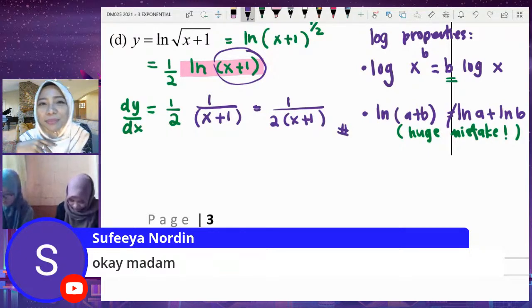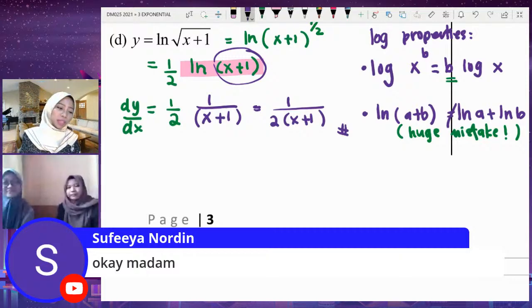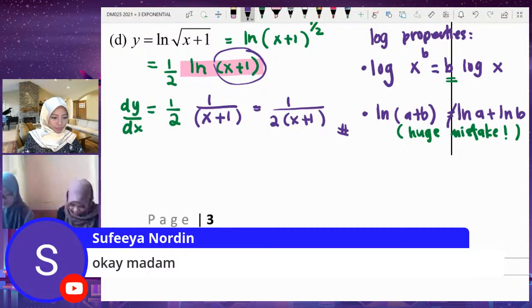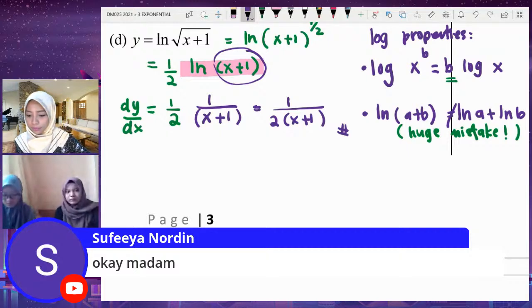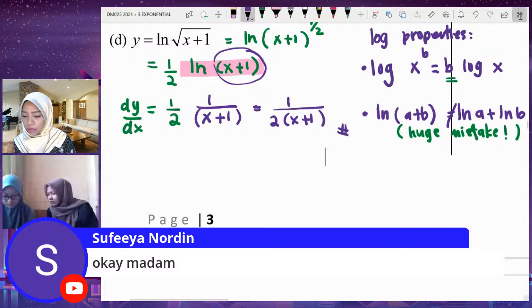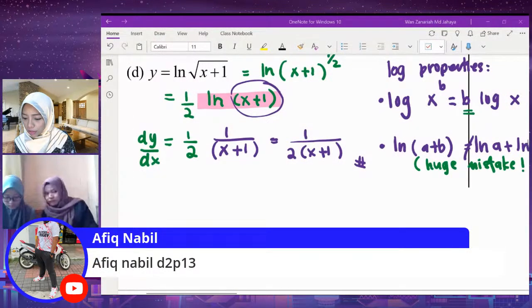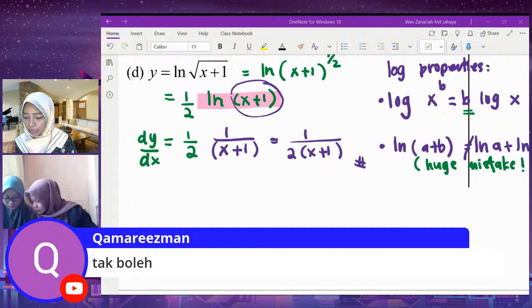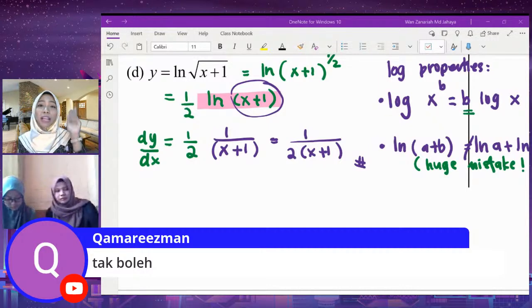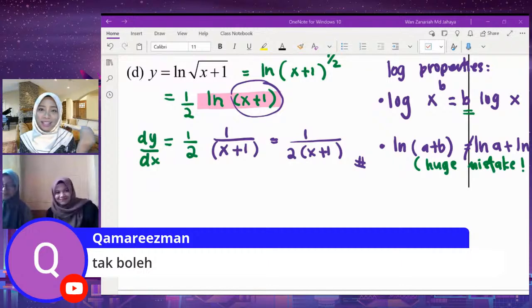Easy or not? Okay, can I look at the comment? Okay ke tak? Okay, mari madam tengok dekat komen. Okay, Sufia. Afiq Nabil. Apa yang tak boleh? Oh, kau tak boleh expand. Okay, yes, you're right. Tak ada orang pun restate my sentence just now.